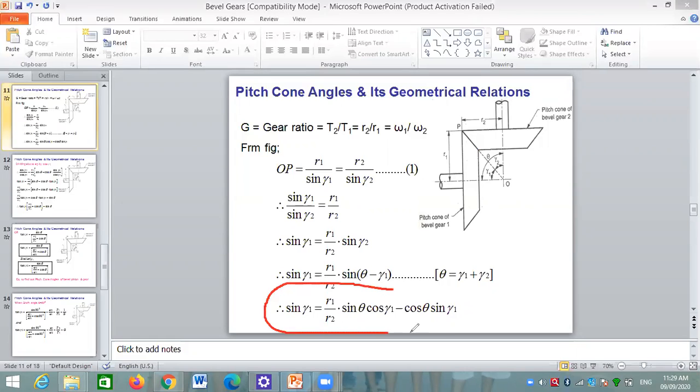Therefore, sine of gamma 1 is equal to R1 upon R2, with this whole term in brackets: sine of theta into cos of gamma 1 minus cos of theta into sine of gamma 1.